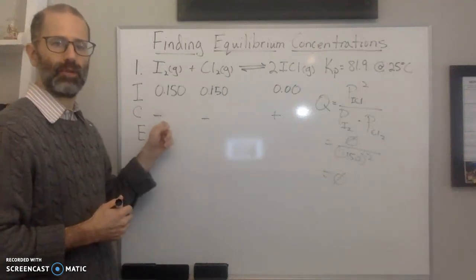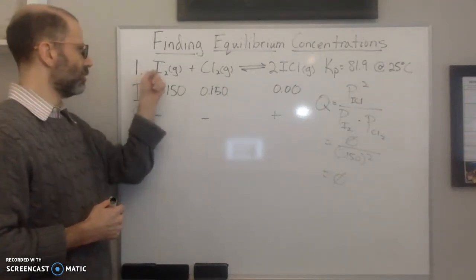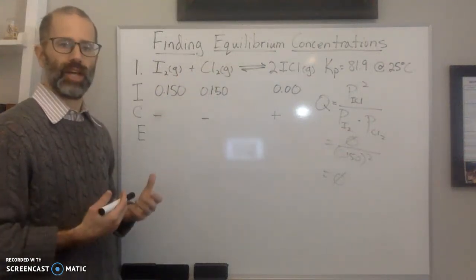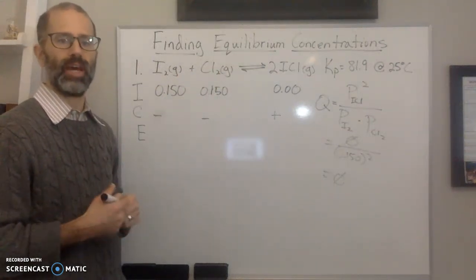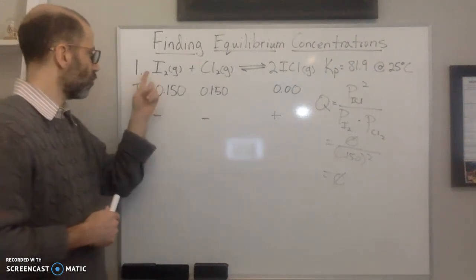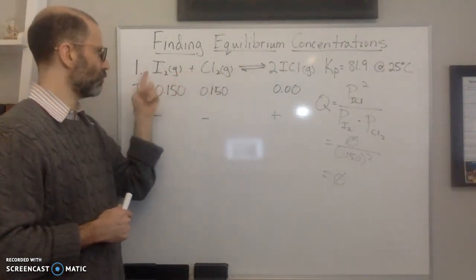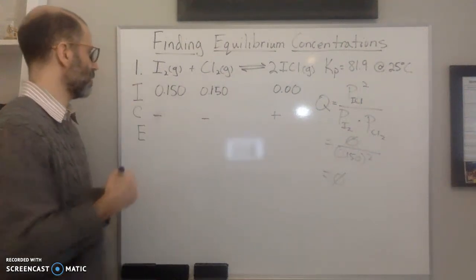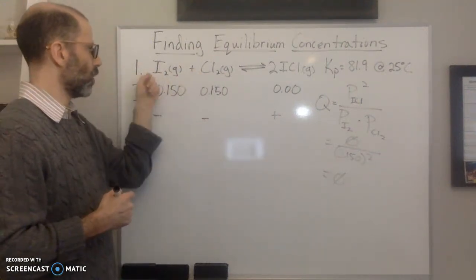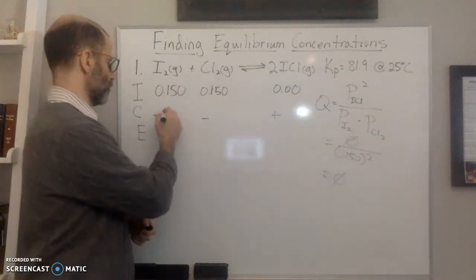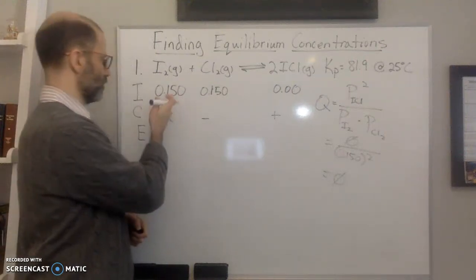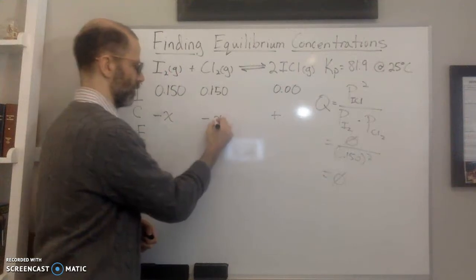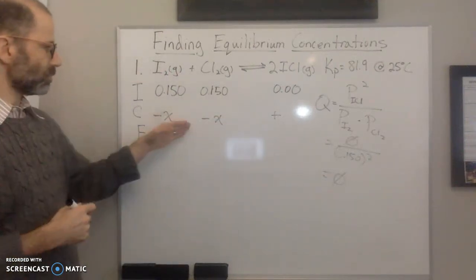So we're going to put X for change, and we're going to use our stoichiometry to figure out how much change in terms of the unknown X. So we're going to use our mole ratios to figure out how much of X is lost and gained. So here again, the coefficients are 1 and 1. So we're going to lose a certain amount called X. And since this is a 1-to-1 ratio, we're going to lose the same amount of X here.